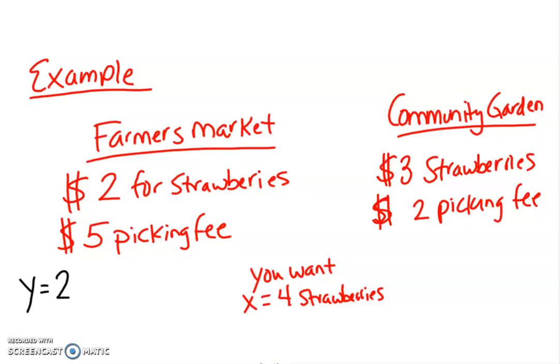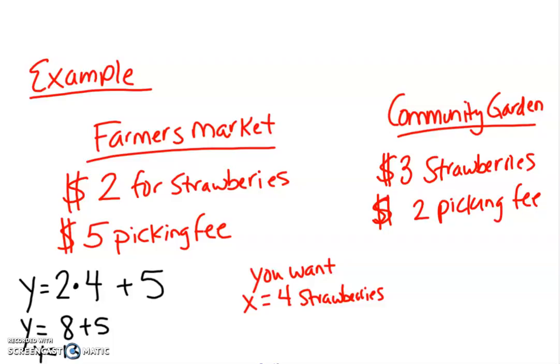So you're going to say, well, it's for 2 pints of strawberries, and you want 4 of those, plus a $5 picking fee. So 8 plus 5, this is going to cost you $13.